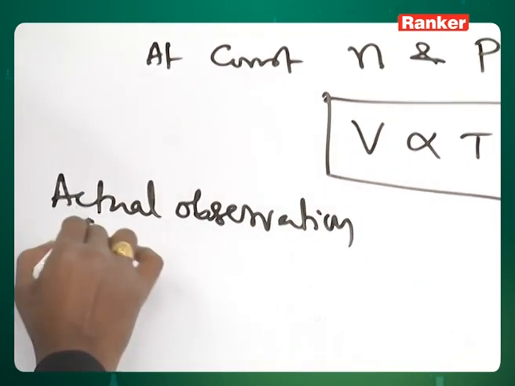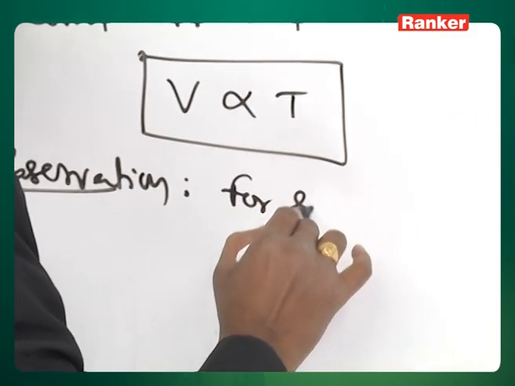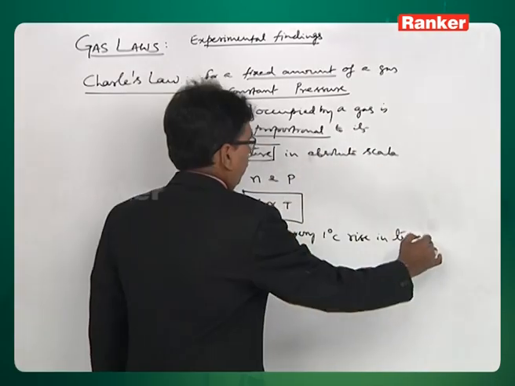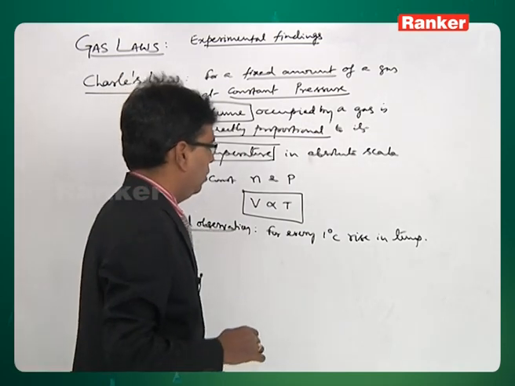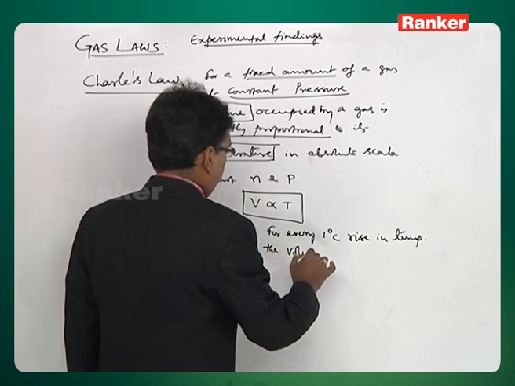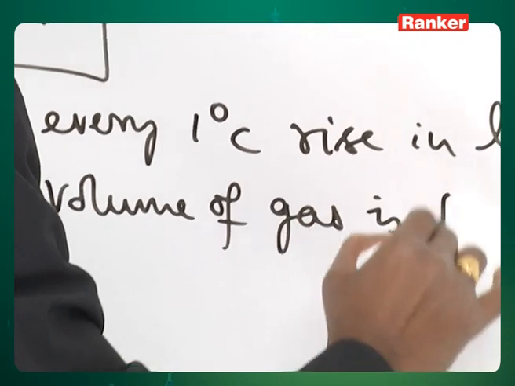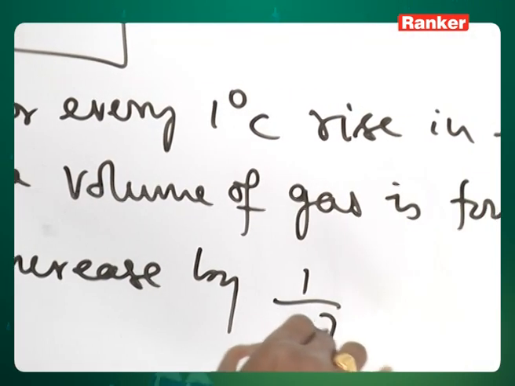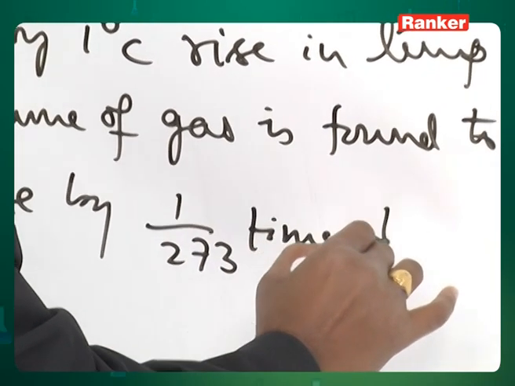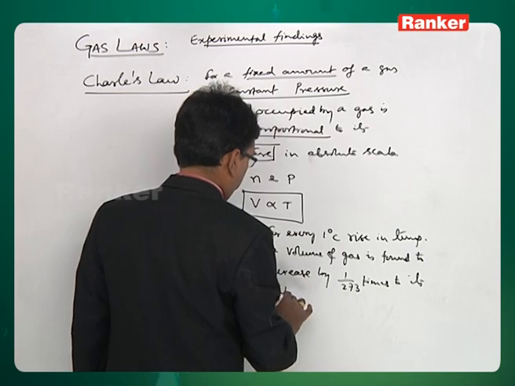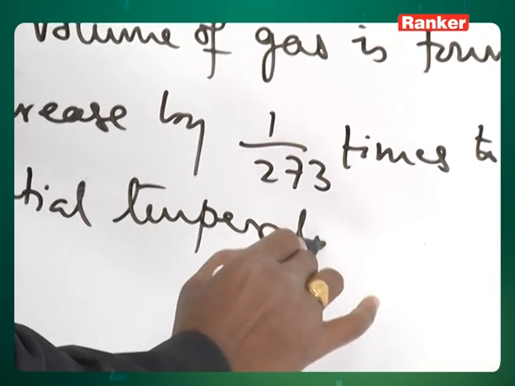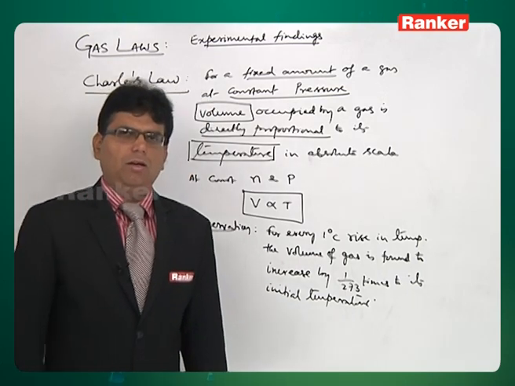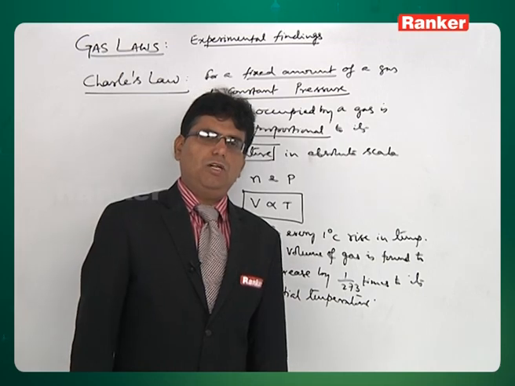The actual observation is that for every 1 degree Celsius rise in temperature, the volume of a gas is found to increase by 1 by 273 times its initial volume.